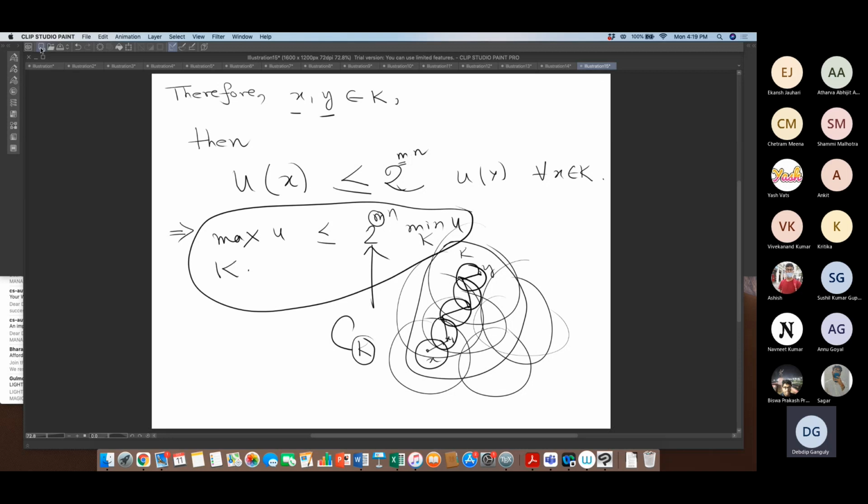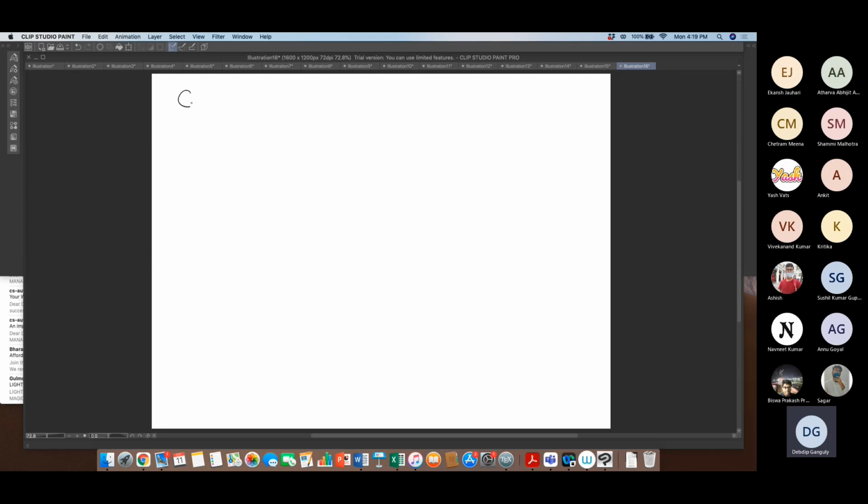Okay. So as an important corollary, one can immediately get the following. For u a harmonic function, u non-negative, we have by Harnack, 1 by C_K u(x) is less than u(y). So at any two points the value can be estimated from upper or lower, for all x, y in the compact set.